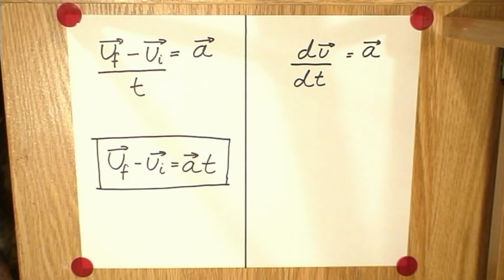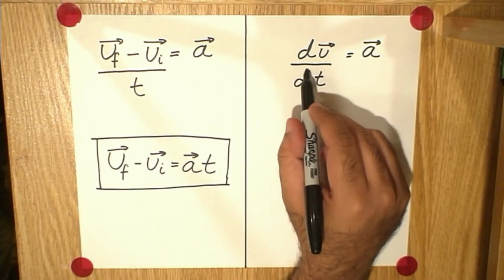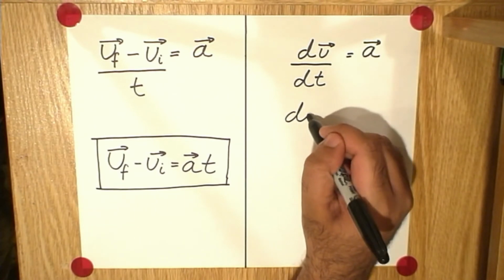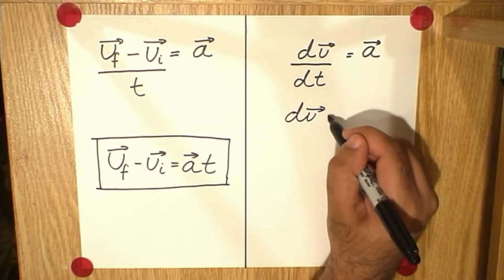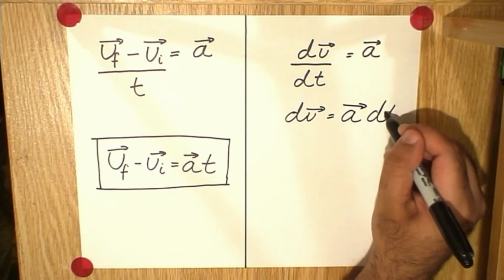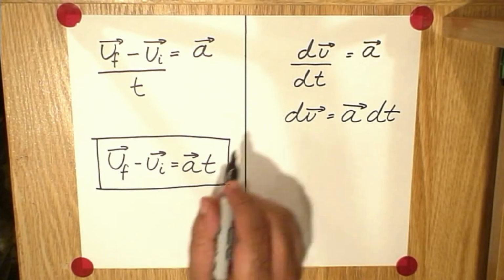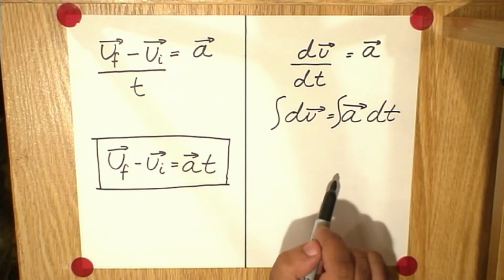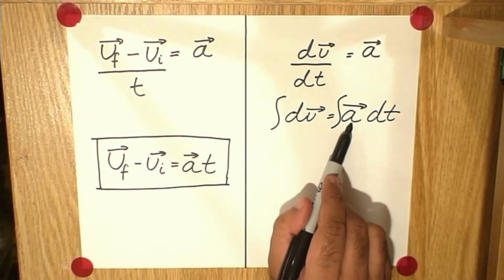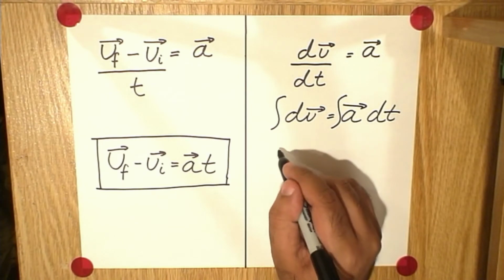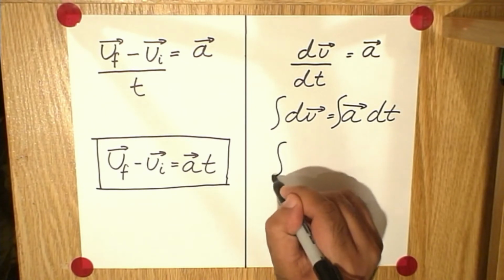If you prefer to use calculus, here's how we would do the derivation. I'm going to multiply both sides by dt, and then take the integral. Now, remember, acceleration is constant, so it can come out of the integral, and we'll end up with integrals that look like this.